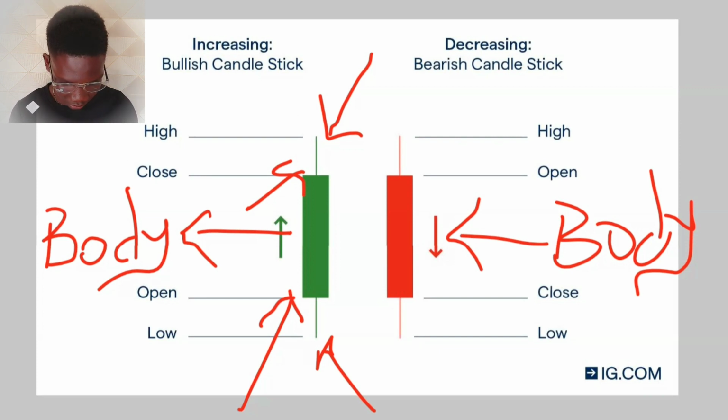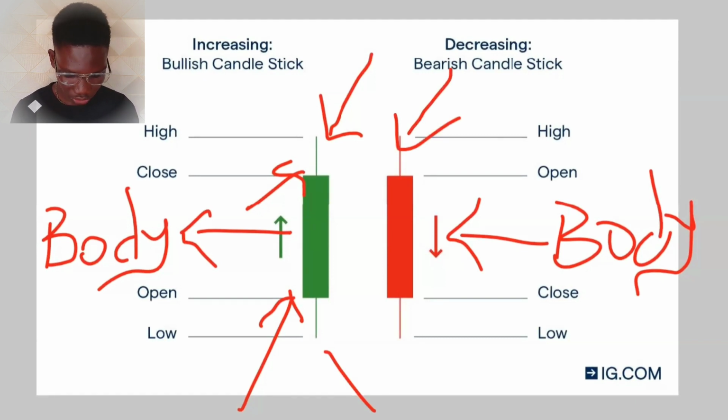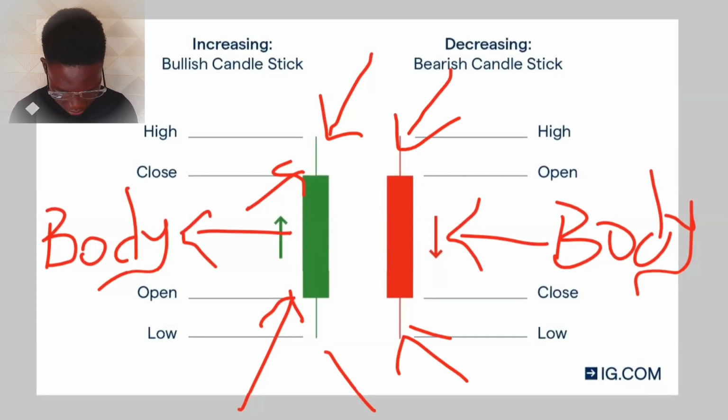Same thing here too. So here was also the highest place the bearish candlestick got to before the actual close. And likewise here too, here was the lowest point it went to before the close. So there are differences between the bearish and the bullish closing, because they say opposite things.